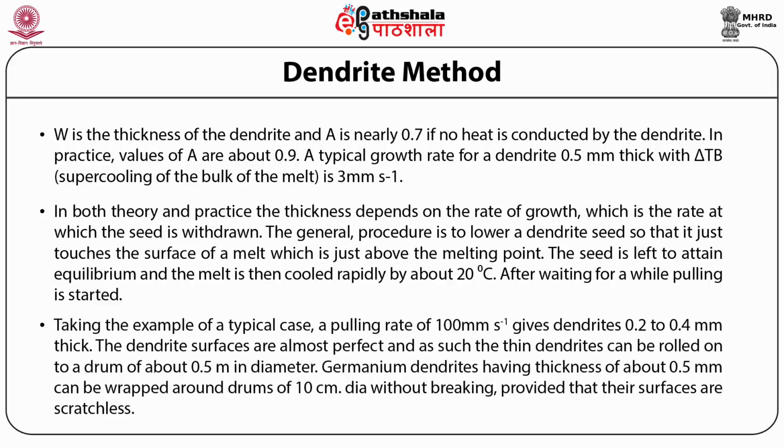Taking the example of a typical case, a pulling rate of 100 mm per second gives dendrites 0.2 to 0.4 mm thick. The dendrite surfaces are almost perfect, and as such, the thin dendrites can be rolled on to a drum of about 0.5 m in diameter. Germanium dendrites having thickness of about 0.5 mm can be wrapped around drums of 10 cm diameter without breaking, provided that their surfaces are scratchless.